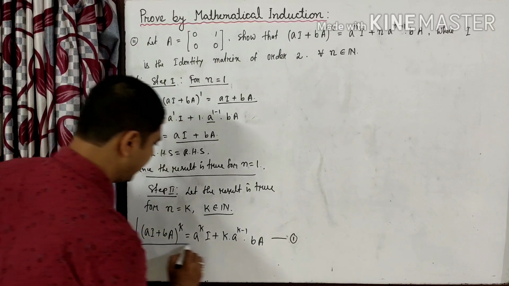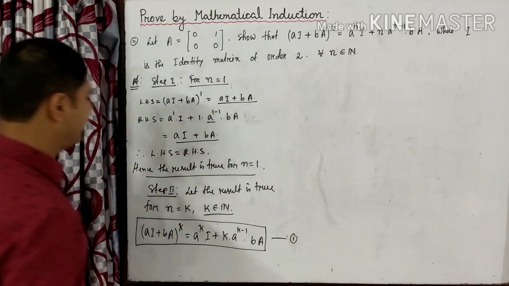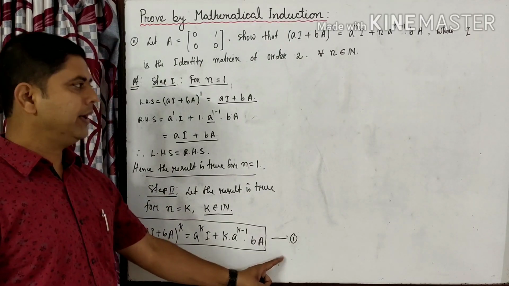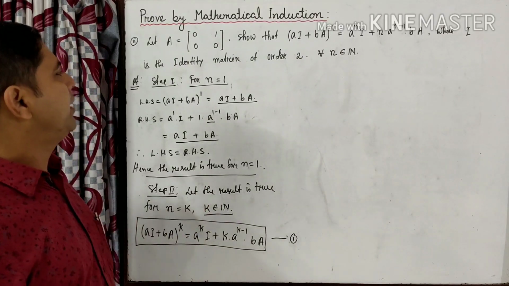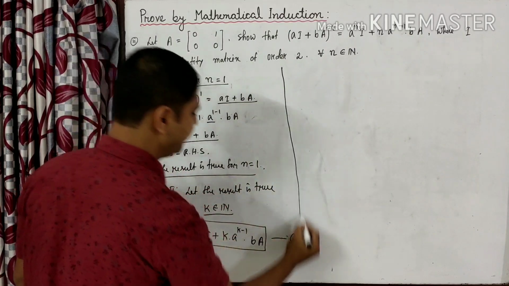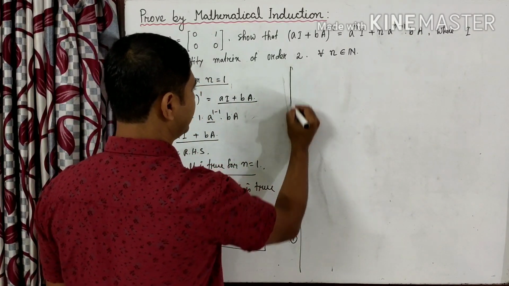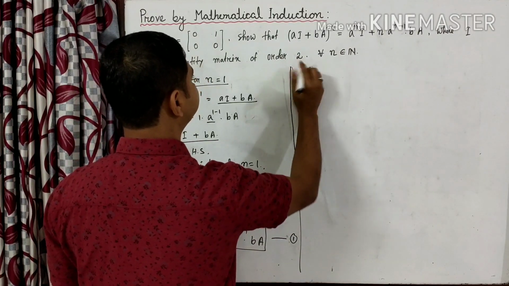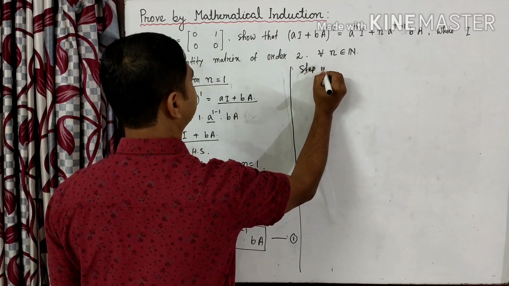Okay. With the help of this result, that means with the help of this second step, equation 1, you have to prove the result is true for n equal to k plus 1. Next, we discuss the third step, step 3.